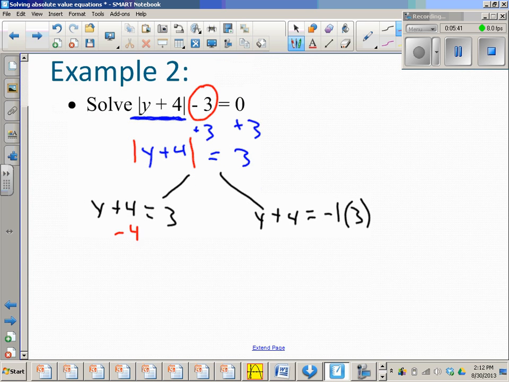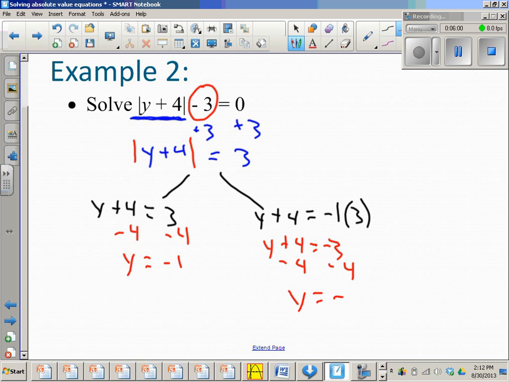Subtract 4 on both sides. And y equals -1. Multiply -1 times 3. Get -3. Now we subtract 4 on both sides. Y equals -7.